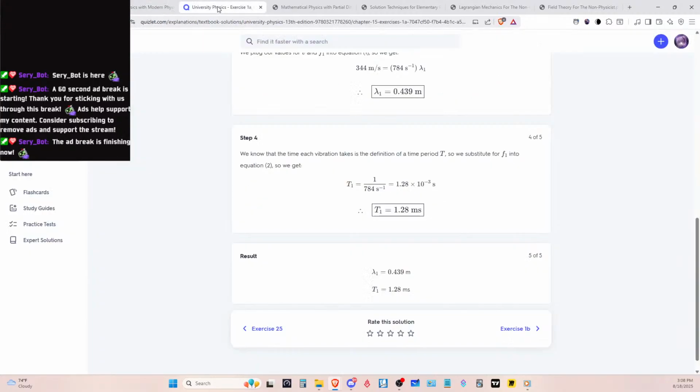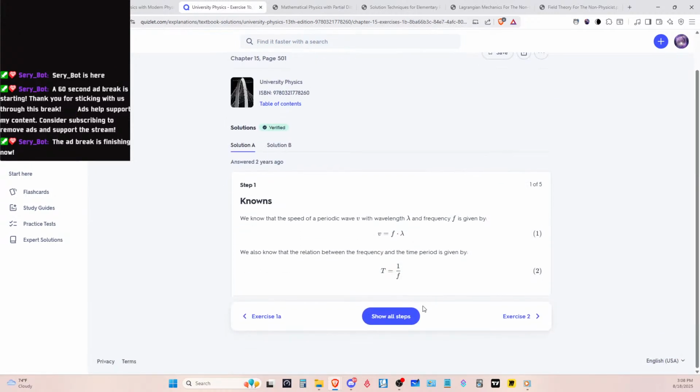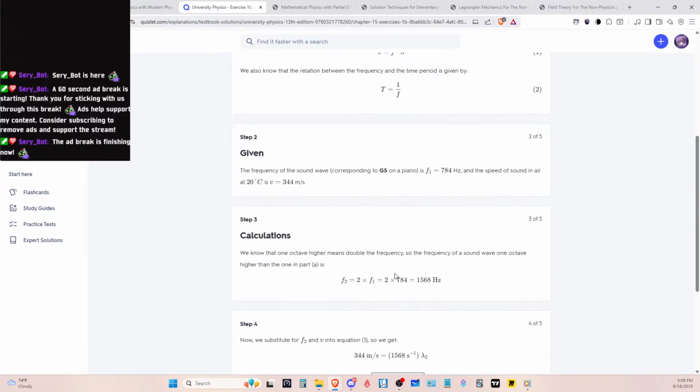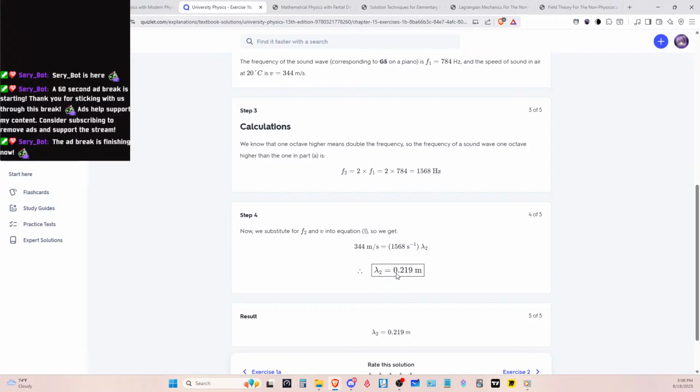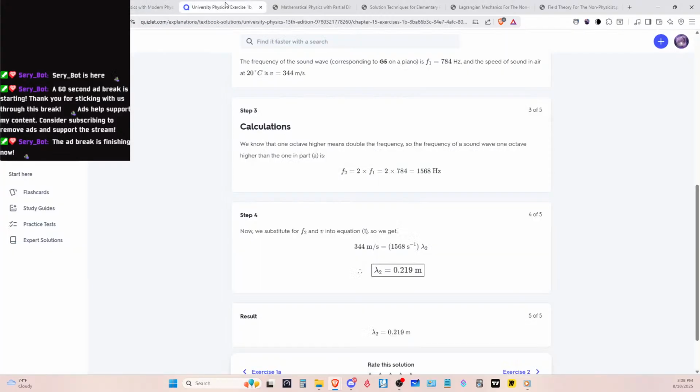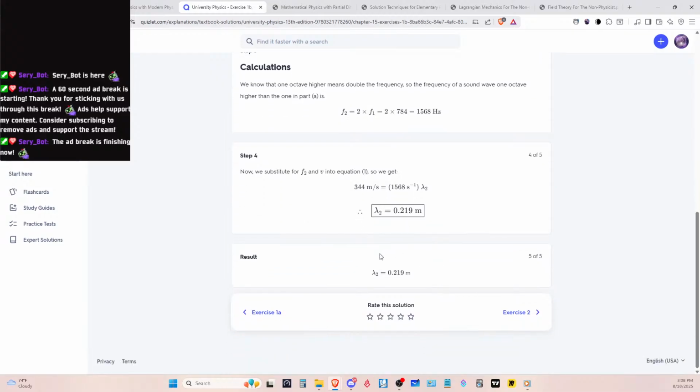Now for exercise B. Hopefully we did this right. And I think, yeah, 2.28. It's relatively close.